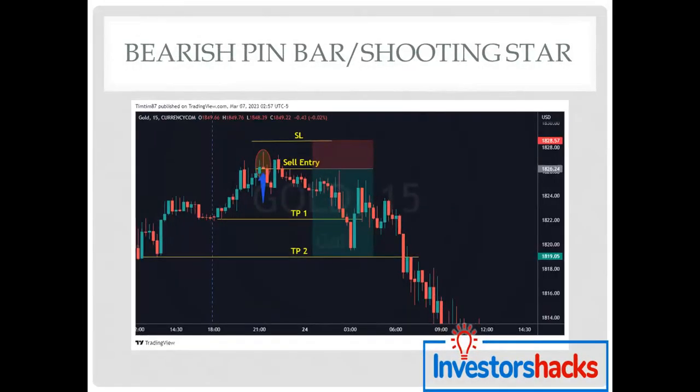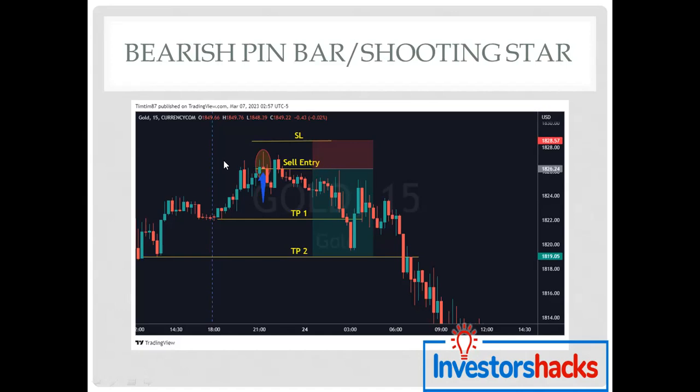Let's look at an example here. Where I have circled this arrow, it shows a bearish pin bar, or what we call a shooting star. You can see, basically we have an uptrend. Then this is a point of resistance, okay? You can see price rejection.